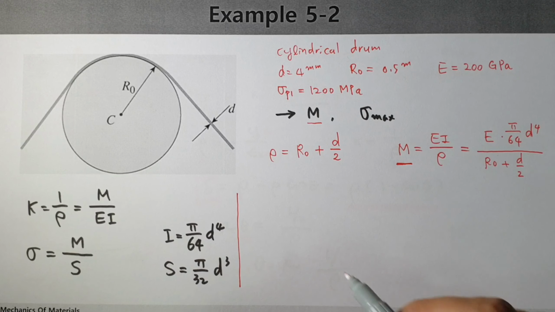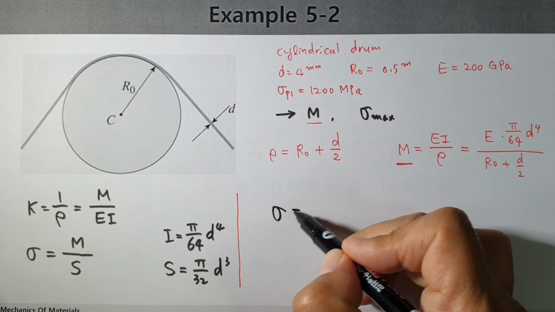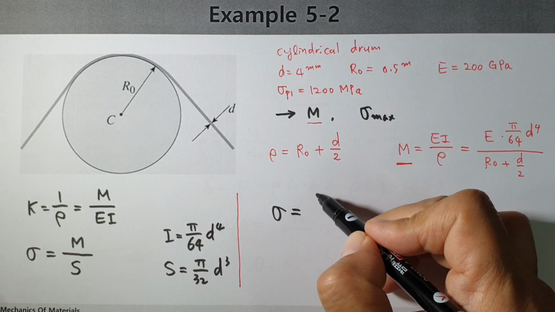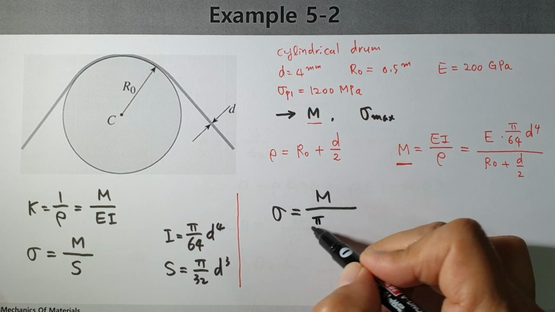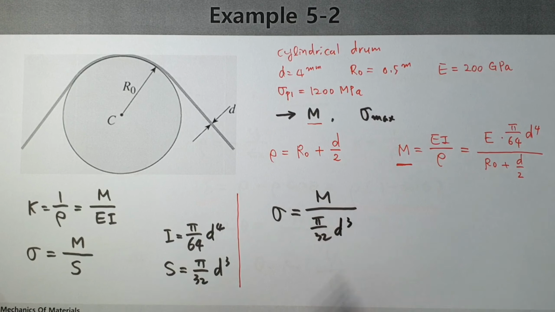Okay, in order to find the maximum sigma value, M over S is what? S is pi over 32 d3, like this.